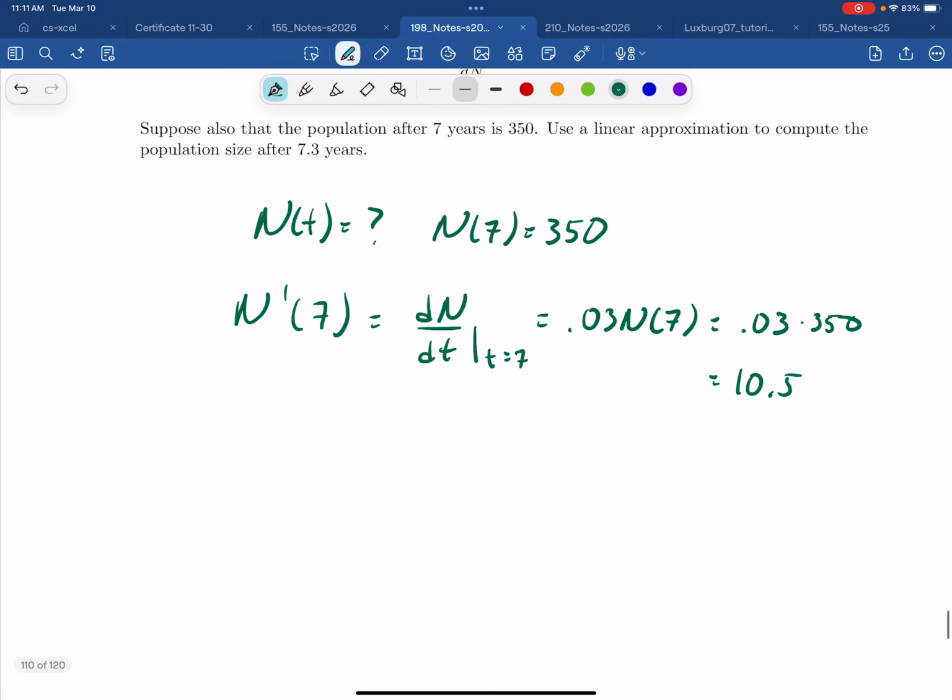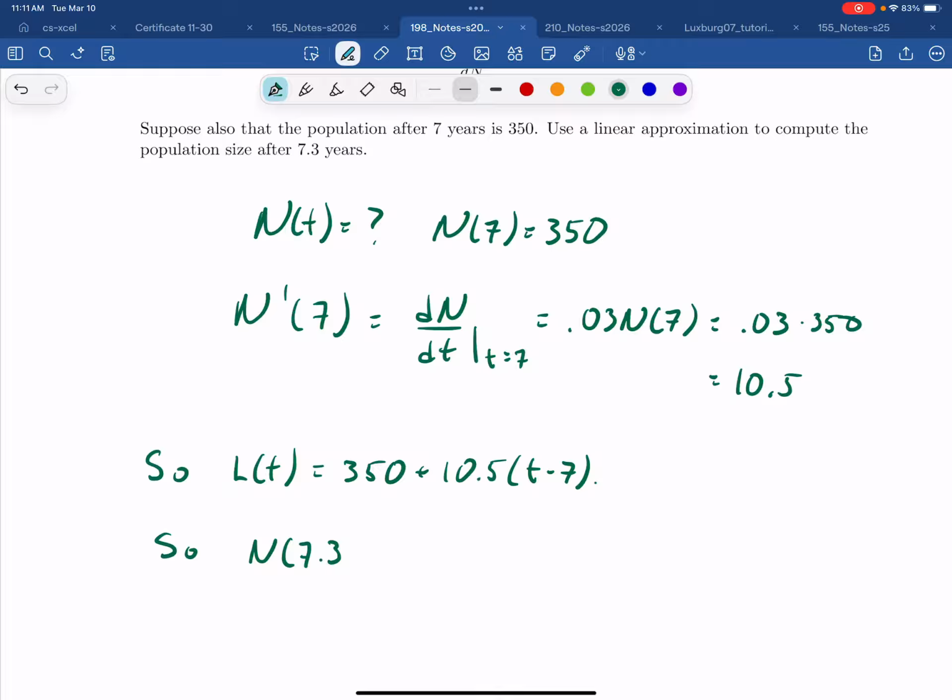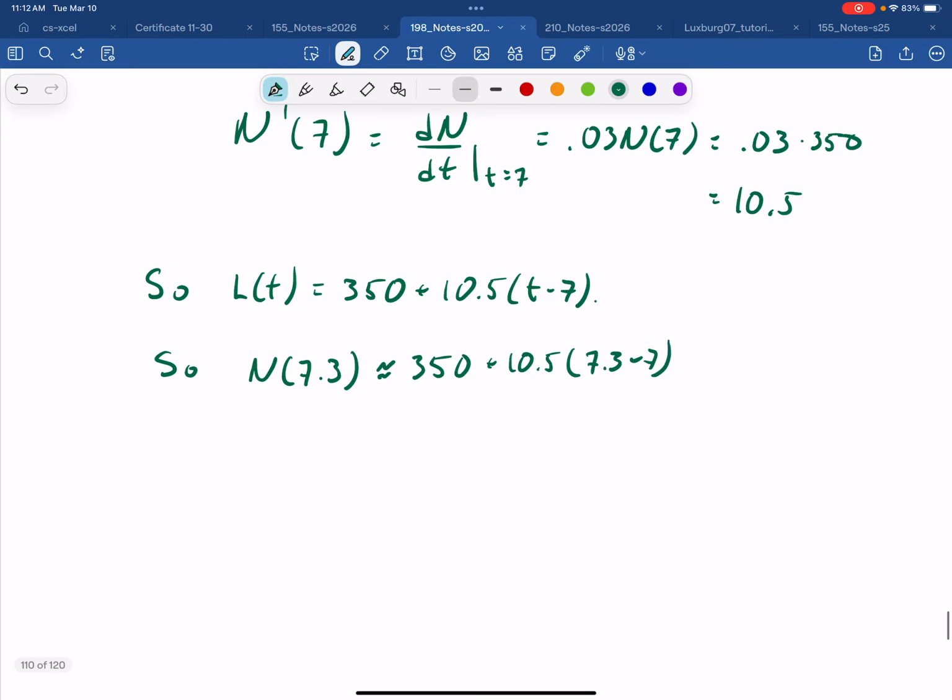Okay. So our linearization is going to equal 350 plus 10.5 times t minus 7. So n of 7.3, right, the population after 7.3 years, is going to approximately equal 350 plus 10.5 times 7.3 minus 7. Let's see how well we can do this, right?